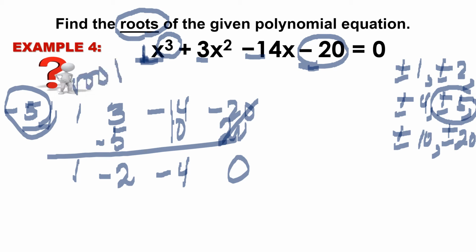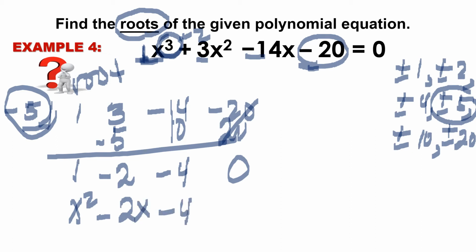So, it's a root. Now, we're looking for 2 more, but the first equation can help us. Let's change this to the first equation. This is the same as x squared. Remember, this is 3, so minus 2. That's why it becomes 2 here. Minus 2x minus 4.